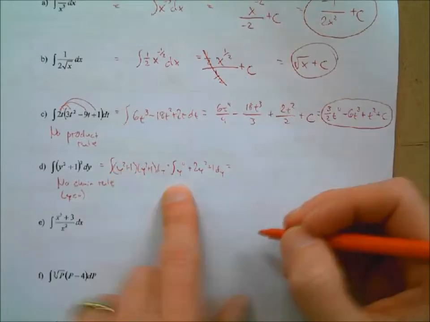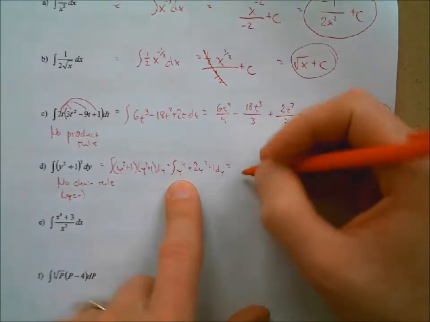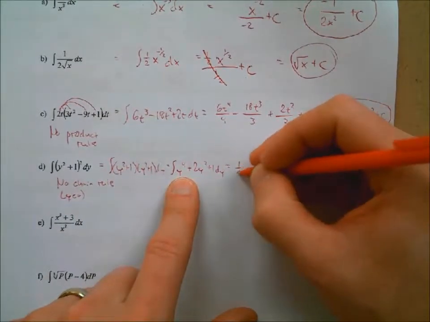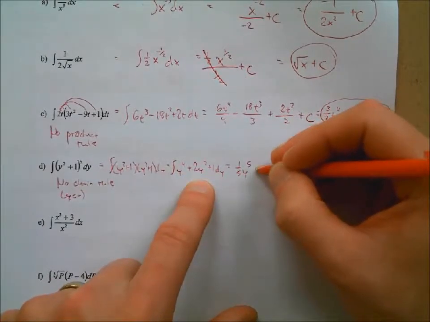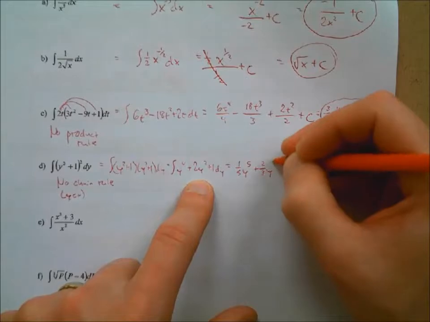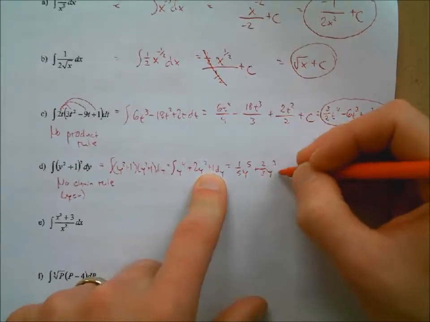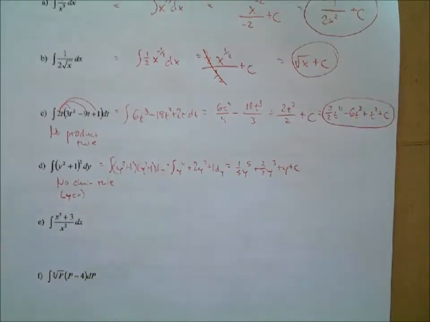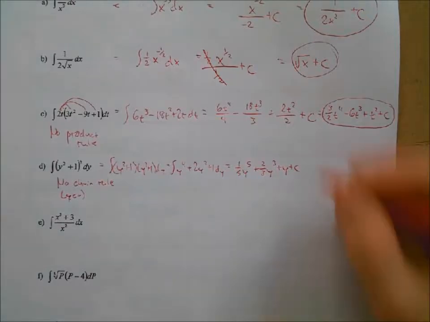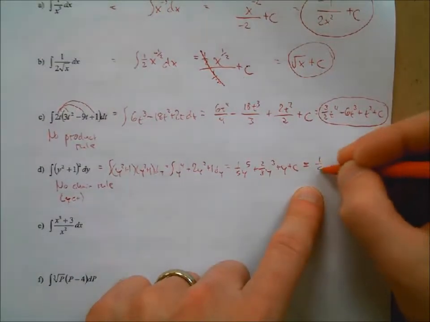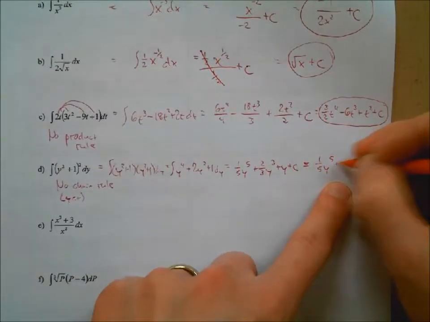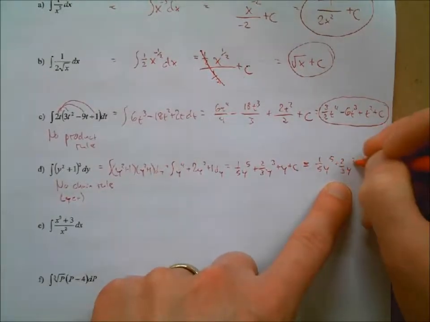And so we integrate that, so y to the 4th becomes 1/5 y to the 5th. 2y squared becomes 2/3 y cubed, and then integral of 1 is just y plus c. I don't really think there's a way to simplify that, so we'll just leave it as 1/5 y to the 5th plus 2/3 y cubed plus y plus c.